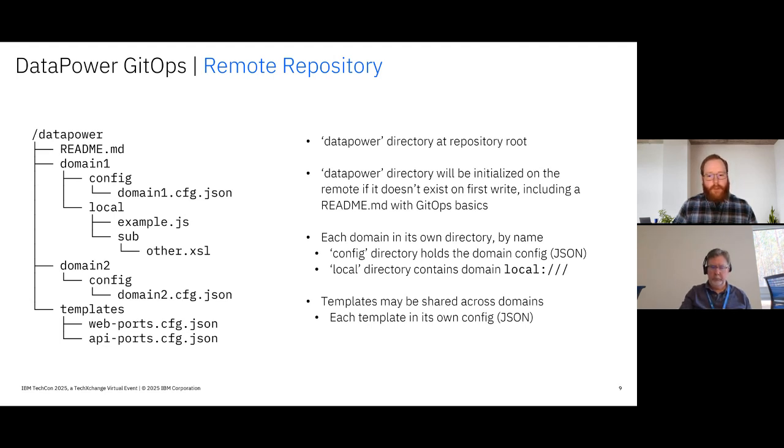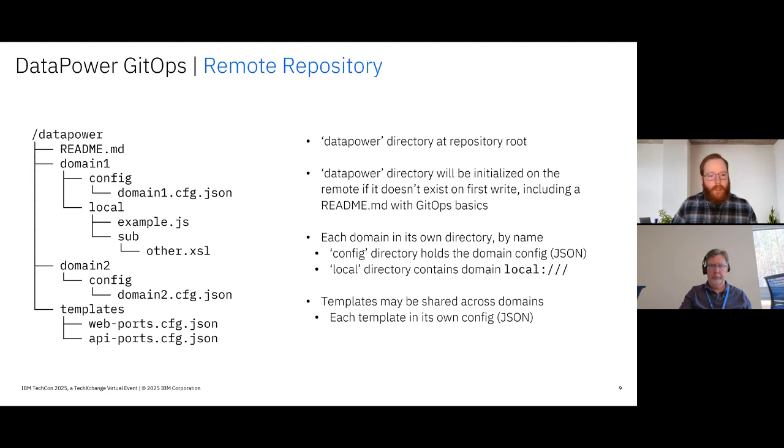This directory will get initialized on the first write if it doesn't already exist on the remote, and we'll also place down a README that has some intro information about what your various options are to use GitOps with.